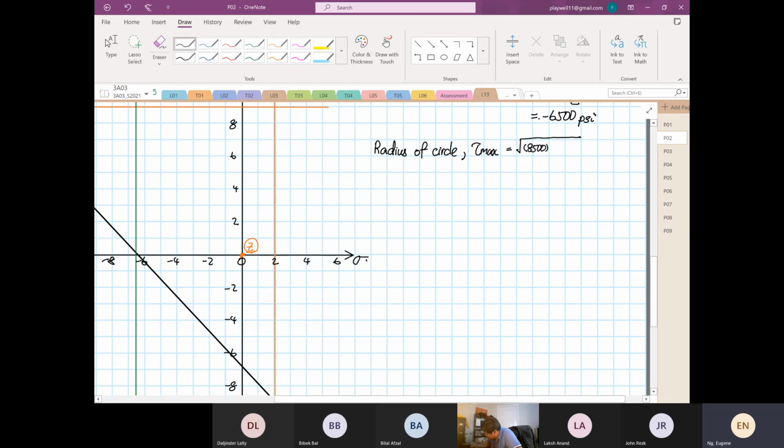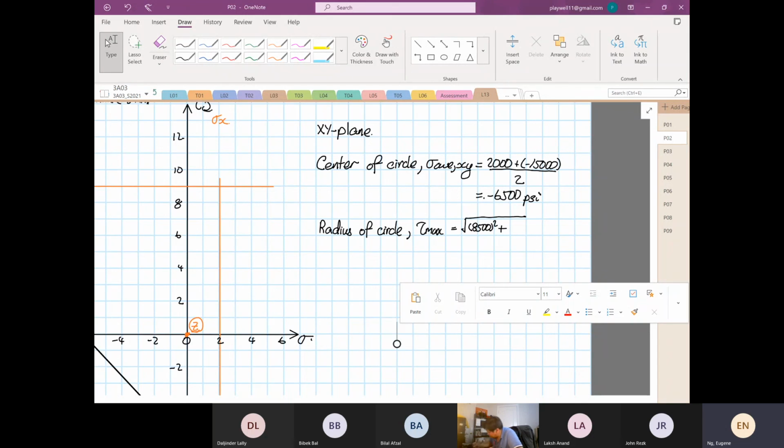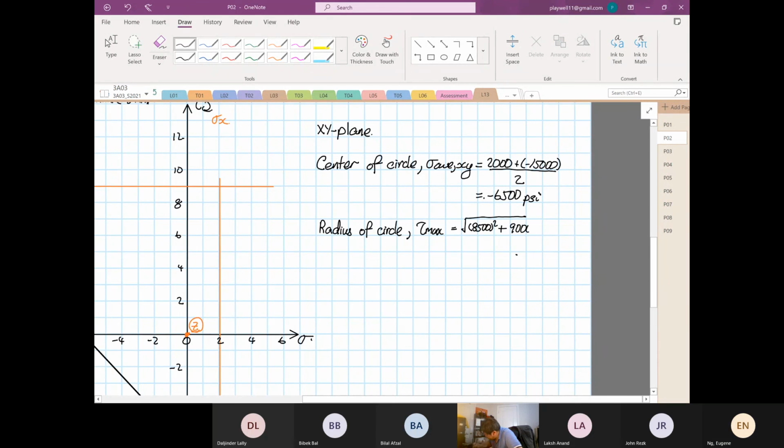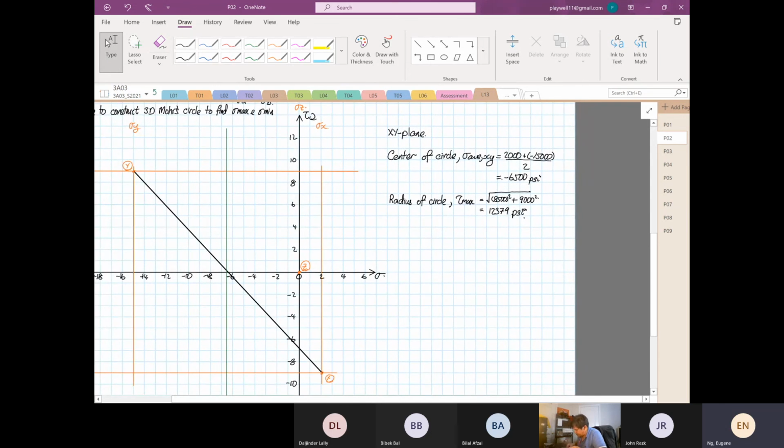So 8,500 squared plus the shear stress, which is 9,000, squared. The square root is 12,379 psi. So I'm going to sketch 12,379.